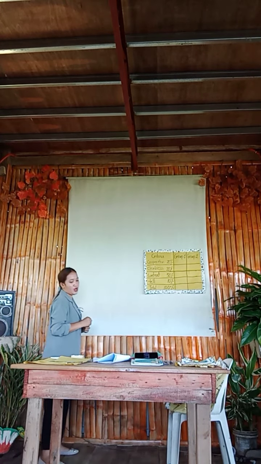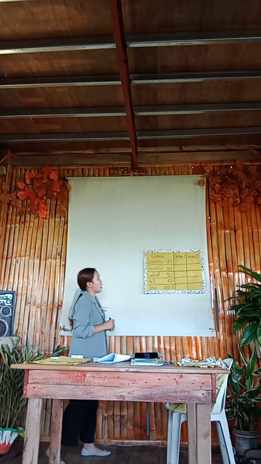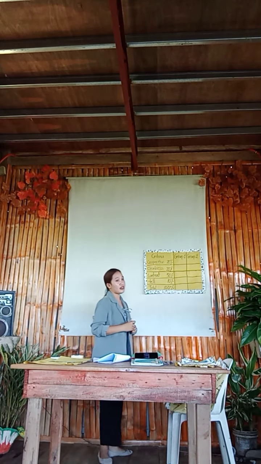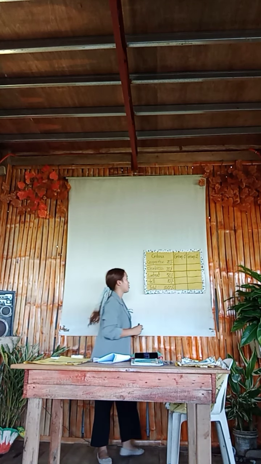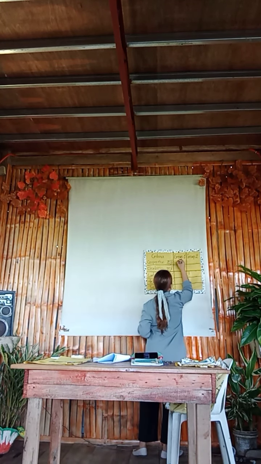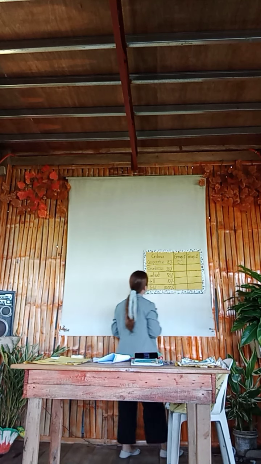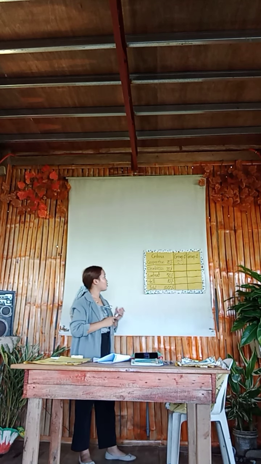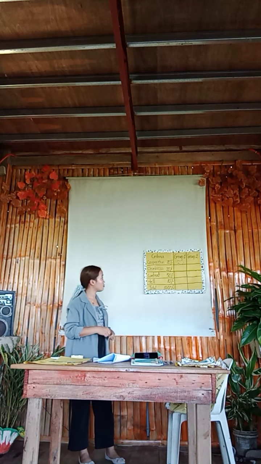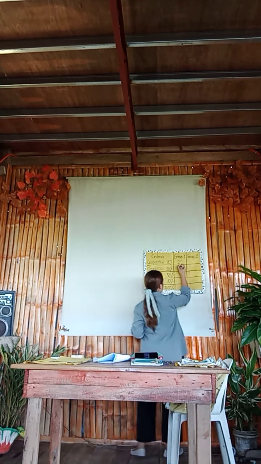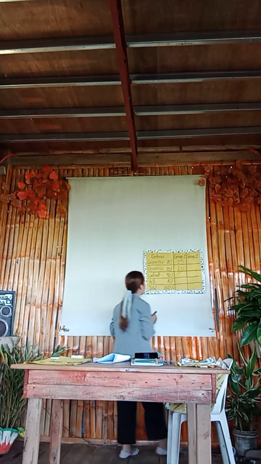And here's your score. In group 1, all the group cooperated. Okay, let us give them 20 points. Next, their output is clean and neat. Okay, let us give them 20 points.